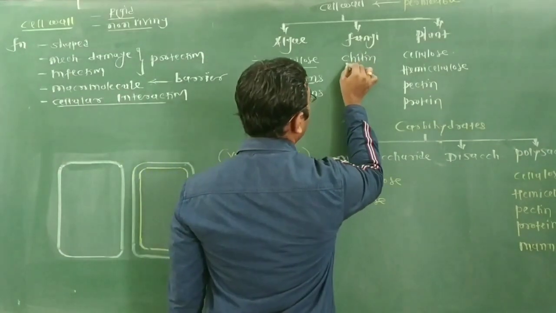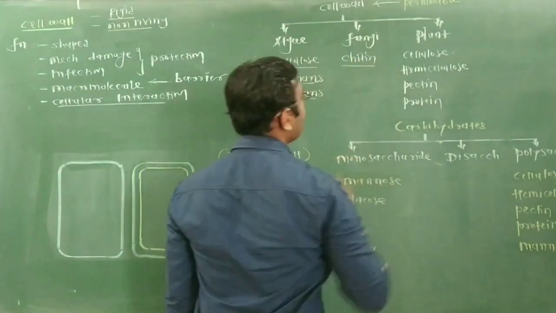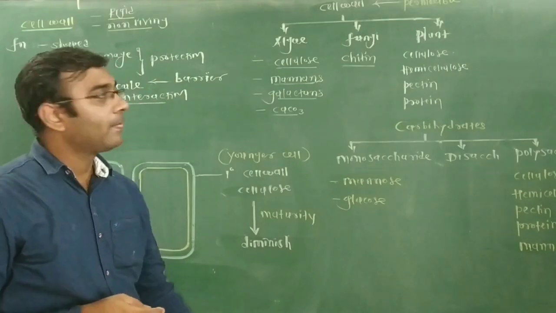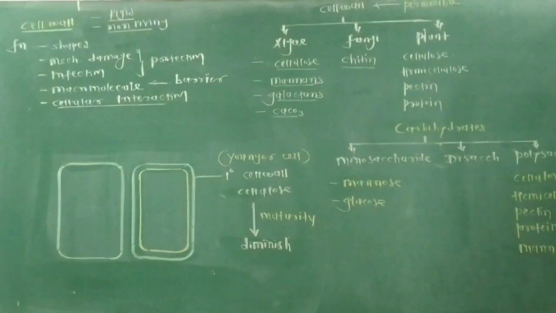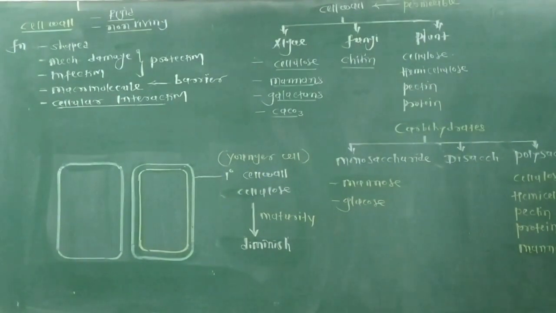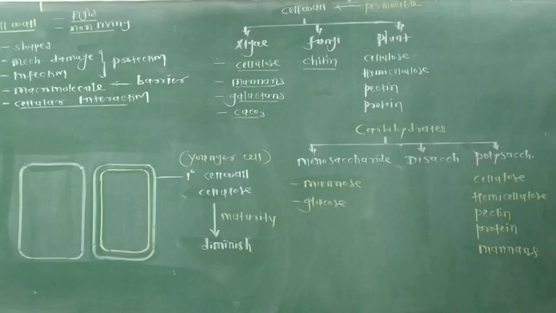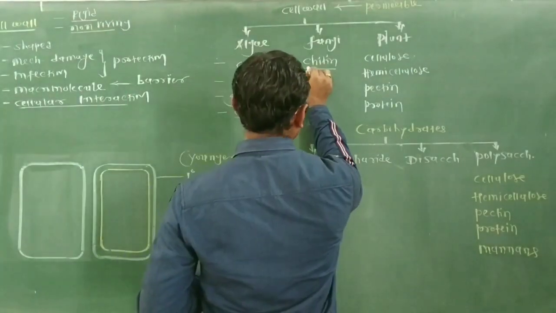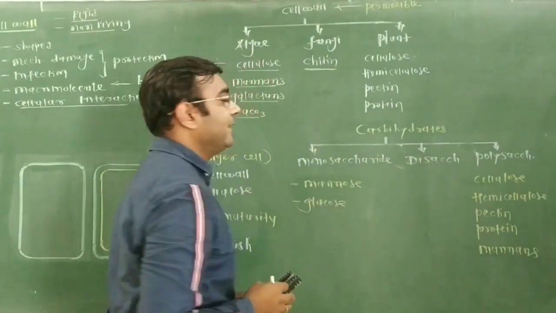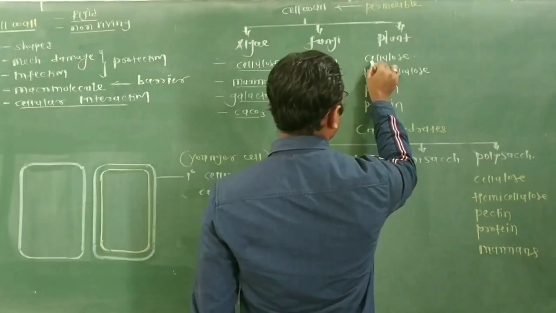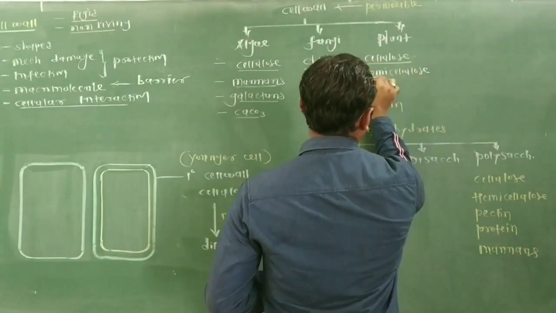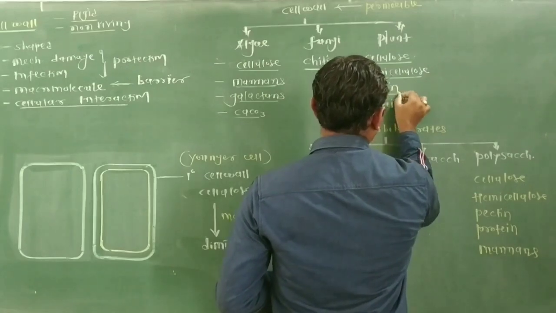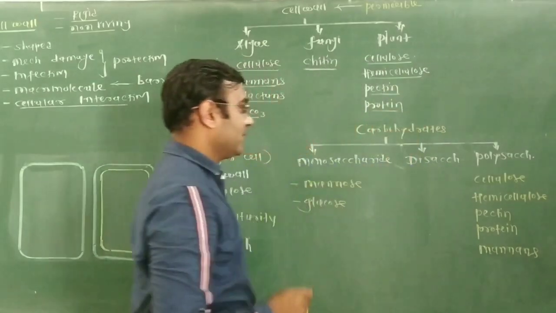Whereas the cell wall of fungi is made up of chitin. Chitin can also be called fungal cellulose. In plants, the cell wall has cellulose as the main component, and in addition hemicellulose, pectin as well as protein also participate.